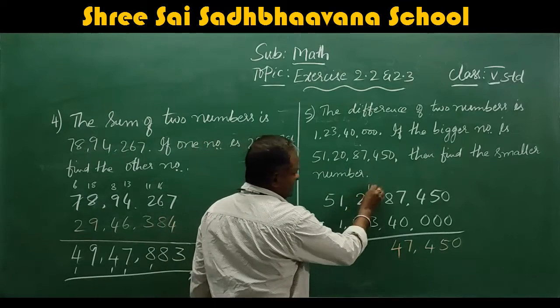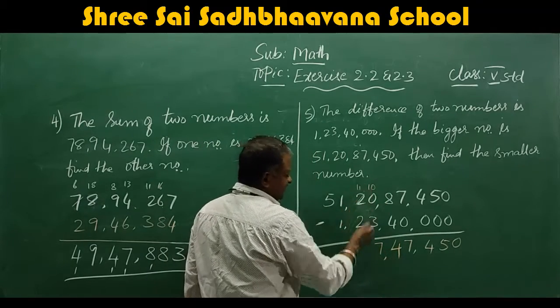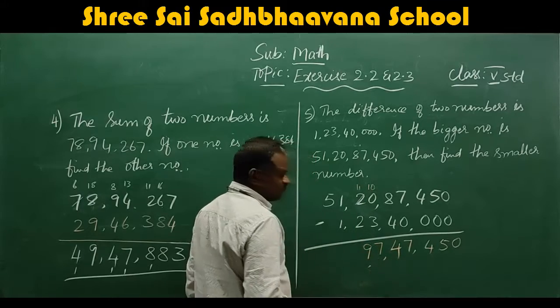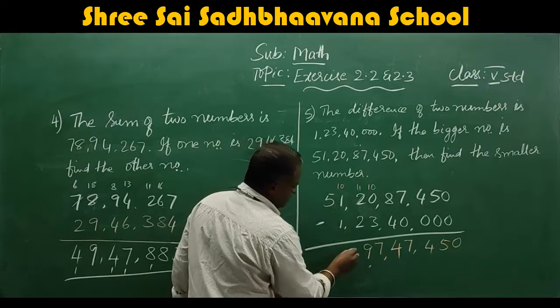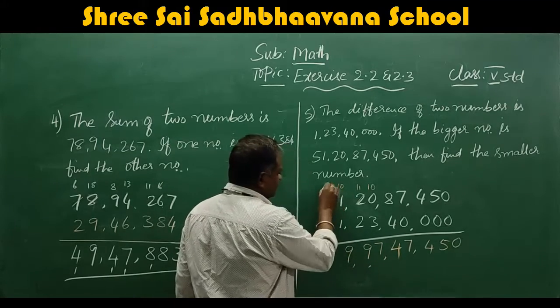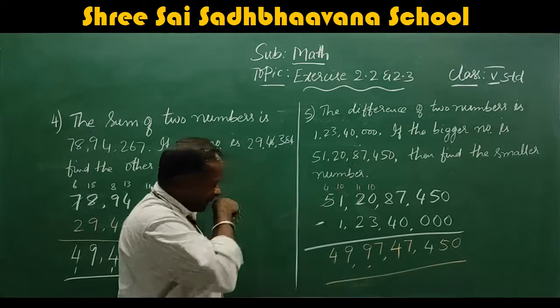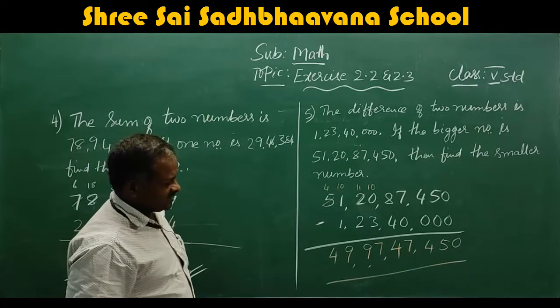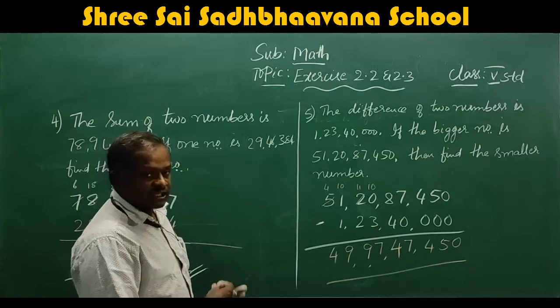This becomes 10. 10 minus 3, 7. This becomes 11. 11 minus 2, 9. This becomes 10. 10 minus 1, 9. This becomes 4. So what is the answer? 49 crore 97 lakhs 47,450. What we have done is right or wrong, cross check.